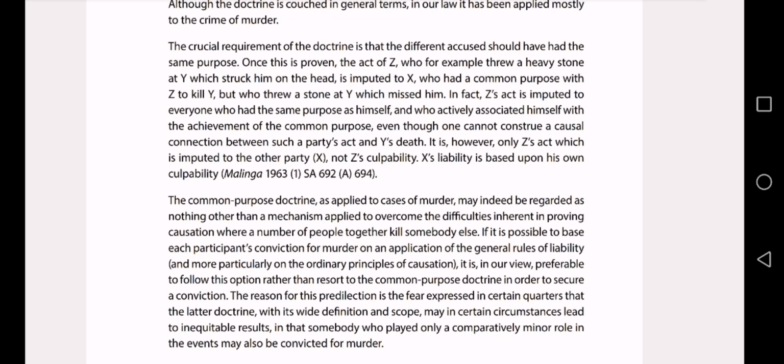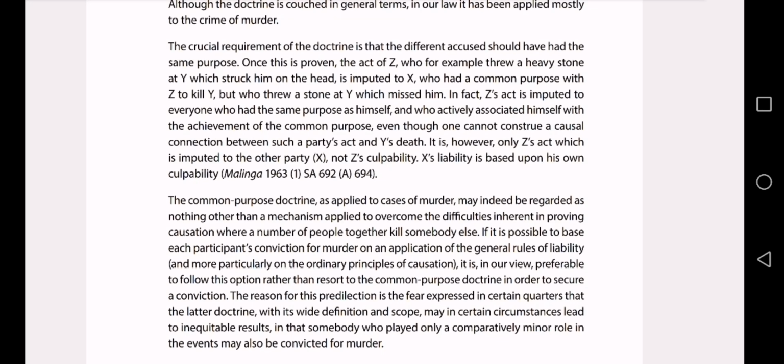Once this is proven, the act of Z, who, for example, threw a heavy stone at Y which struck him on the head, is imputed to X, who had a common purpose with Z to kill Y, but who threw a stone at Y which missed him.